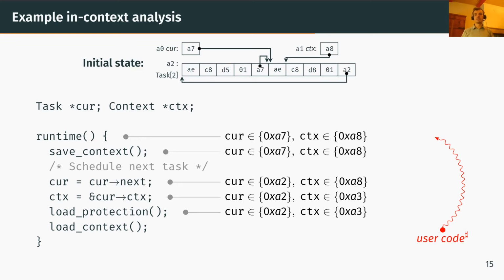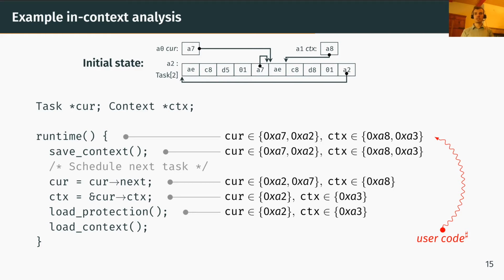So now we will iterate again on this kernel runtime, and we realize that at this point cur and CTX may have two different values, and we will propagate that abstract state down the runtime. And now we have reached a fixed point, which means that this is an invariant of the system. We just found an invariant, so we proved that this kernel is safe from privilege escalation.